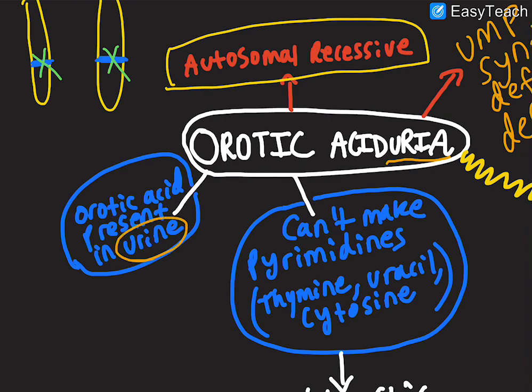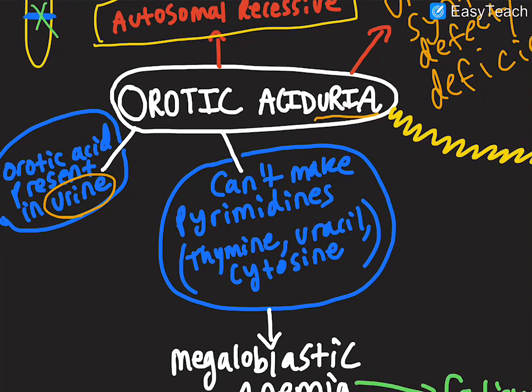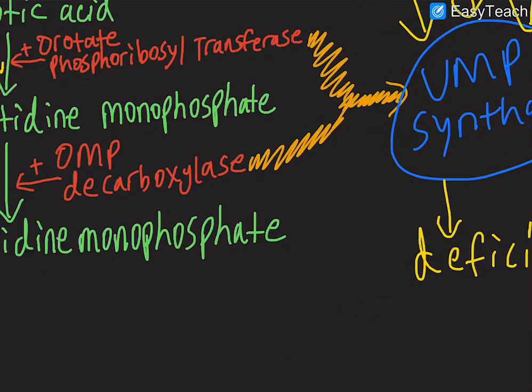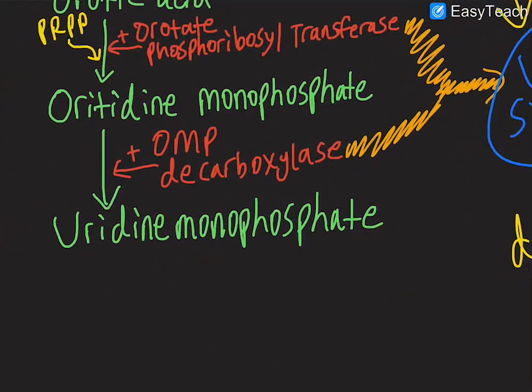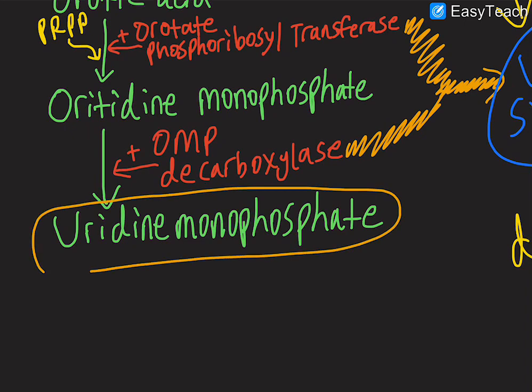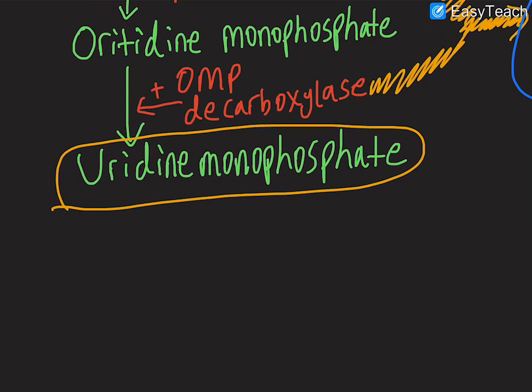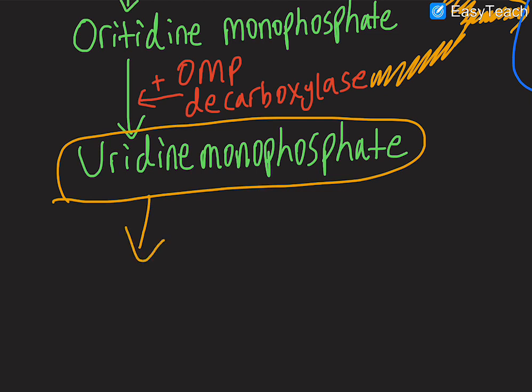And then another thing you can tell by looking at this disease and knowing that this is a UMP synthase defect or deficiency is, remember, let's go to the previous slide, right? Remember, UMP synthase did what? It made UMP, right? And then remember, UMP is important for making our pyrimidines.